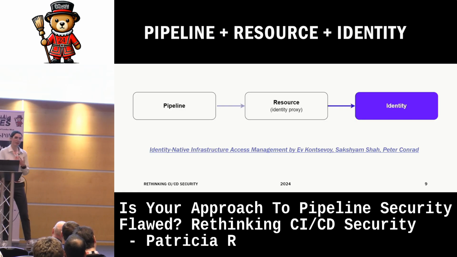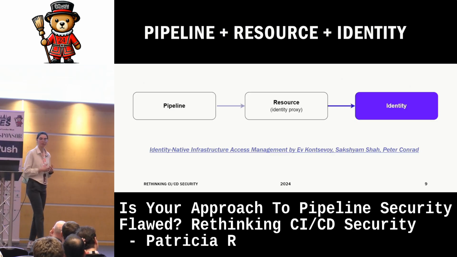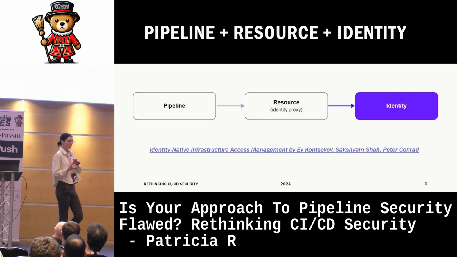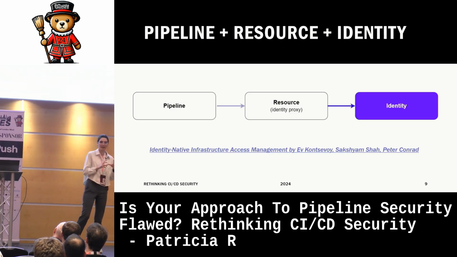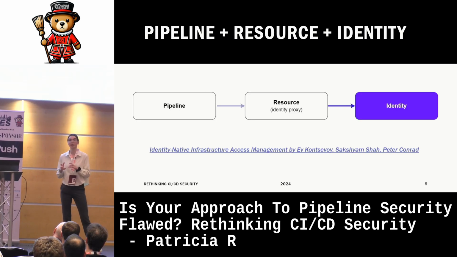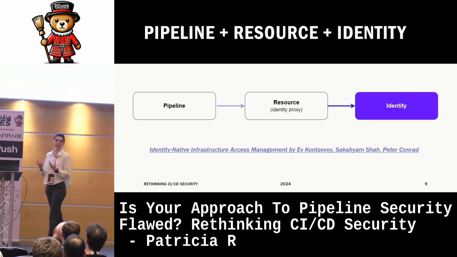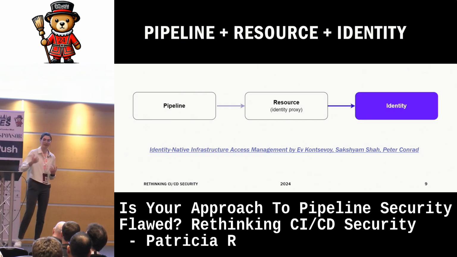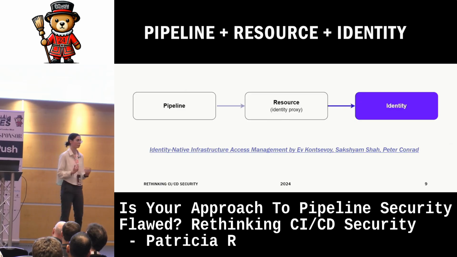But you can't use that in a digital world. To use it in a digital world, you need to create some sort of data format for that identity. And in this case, their proposal is credentials. So in a sense, a CI/CD resource that is accessed by the pipeline is just a credential. It's a proxy into an identity.